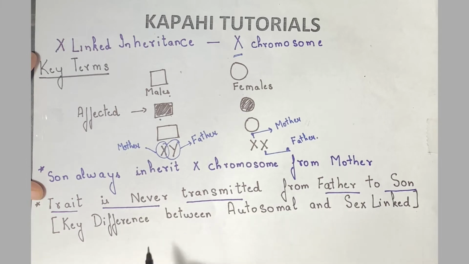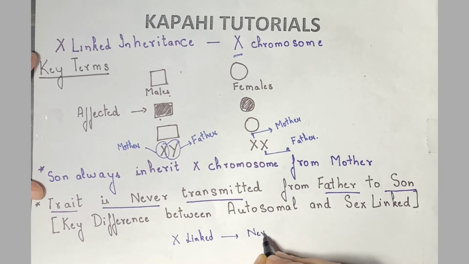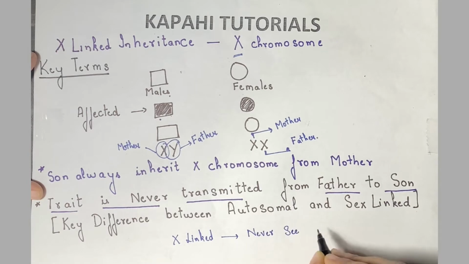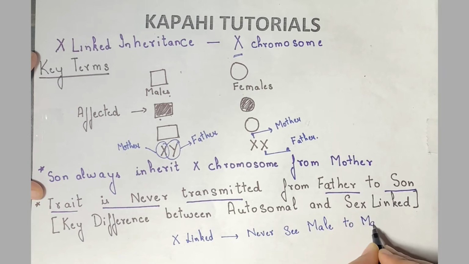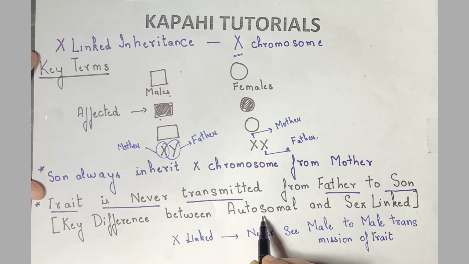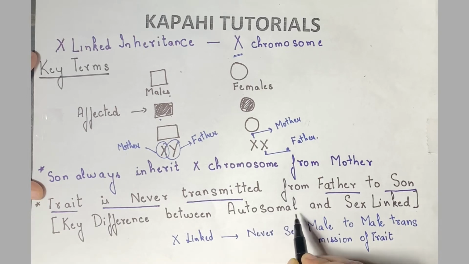That is, in X-linked mode of inheritance, you will never see male to male transmission of the trait. While in autosomal mode of inheritance, you will see male to male transmission of the trait.